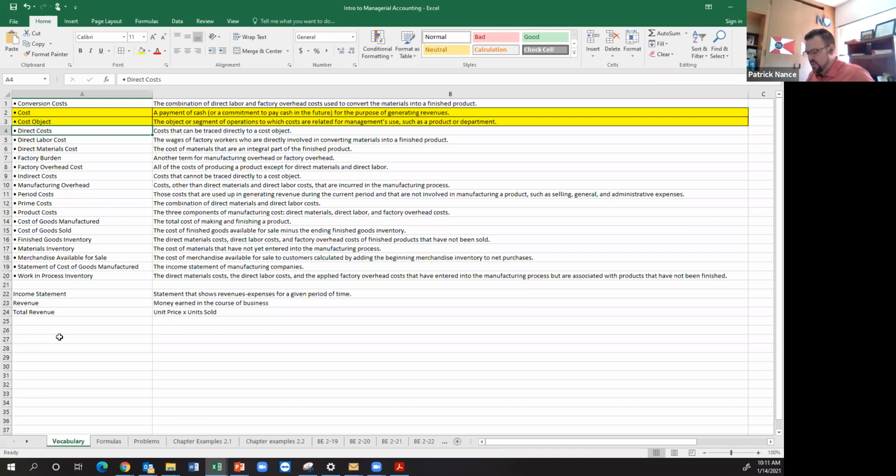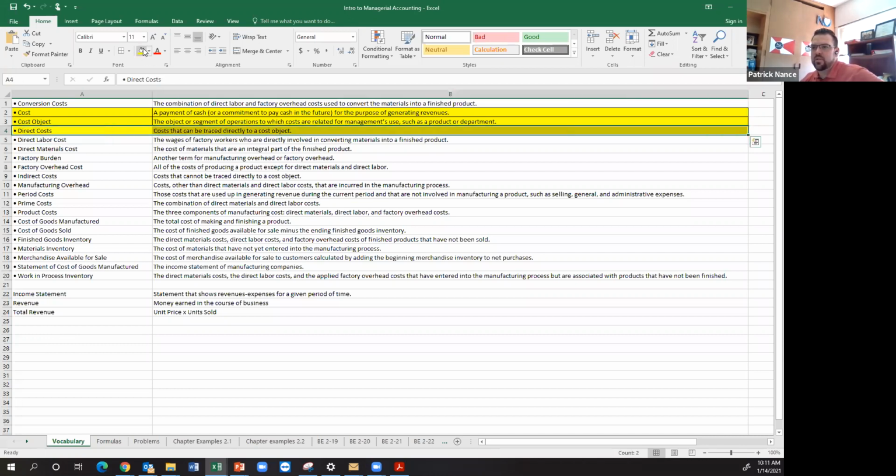Okay, next on to direct cost versus indirect cost. So direct cost is cost that can be traced directly to a cost object. So usually a real clear path from one to the other. So an example, let's do a law firm.